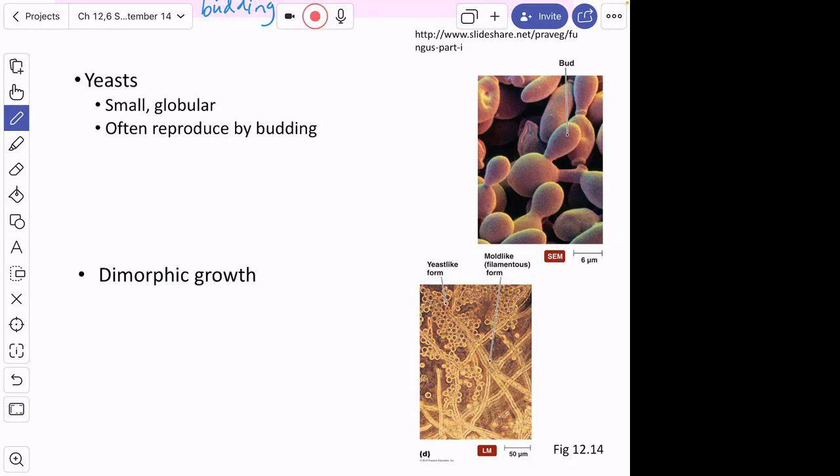Now, sometimes that bud doesn't totally dissociate from its mother cell. Okay, so if the bud fails to detach, then we have a special name for that, and it's called a pseudohyphae.